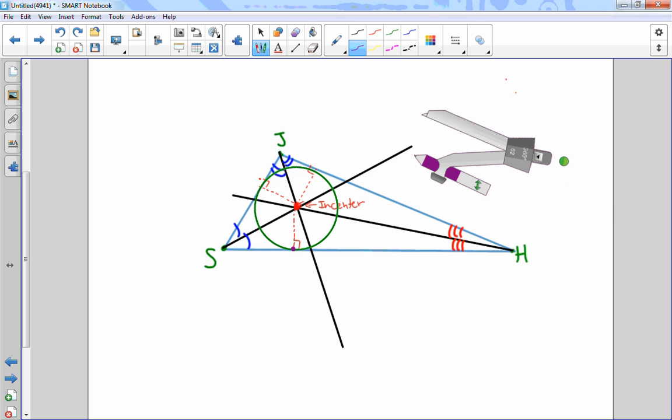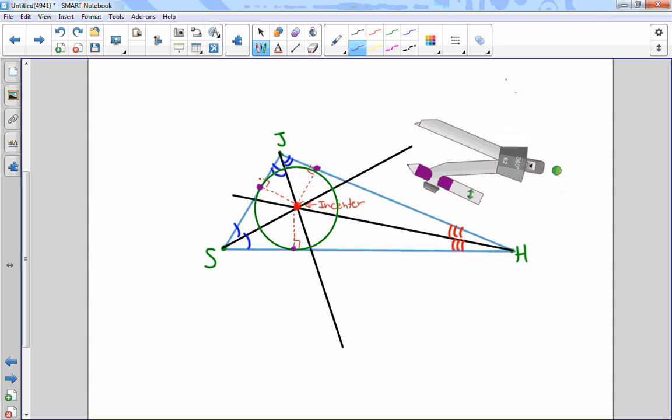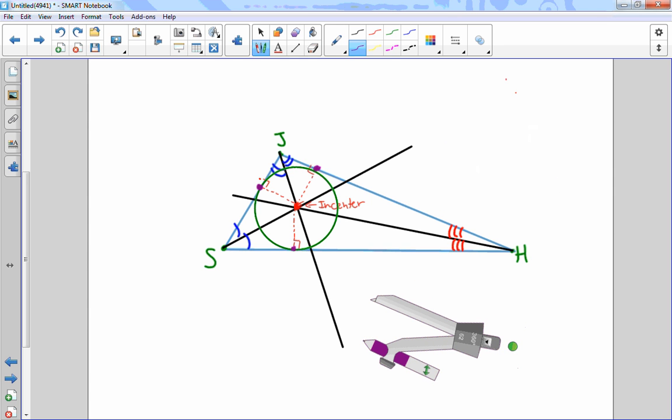One right here. Notice it's not on the angle bisector line. The angle bisector should help us get the center of the circle. One right here. And one right here. Okay? It only touches in exactly 3 spots. So the in-center is the center of our circle inscribed in the triangle.